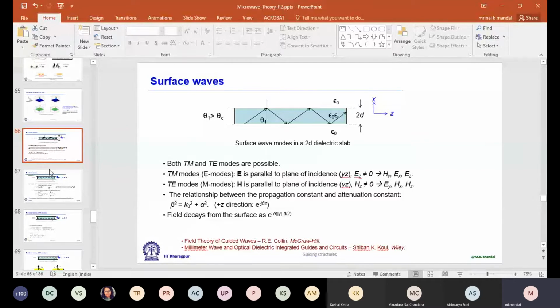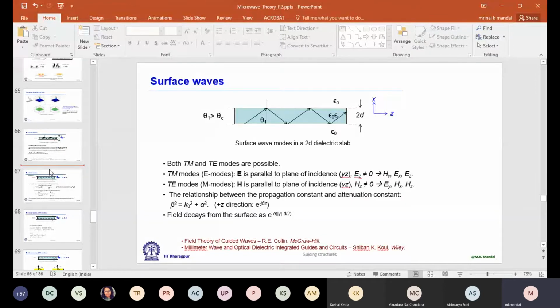Now we discussed two different scenarios. Looking at the guiding structure, sometimes we use one-side copper, sometimes both-side coppers, like microstrip line. So we start with a simple dielectric slab. A single dielectric slab can support both TM and TE modes.